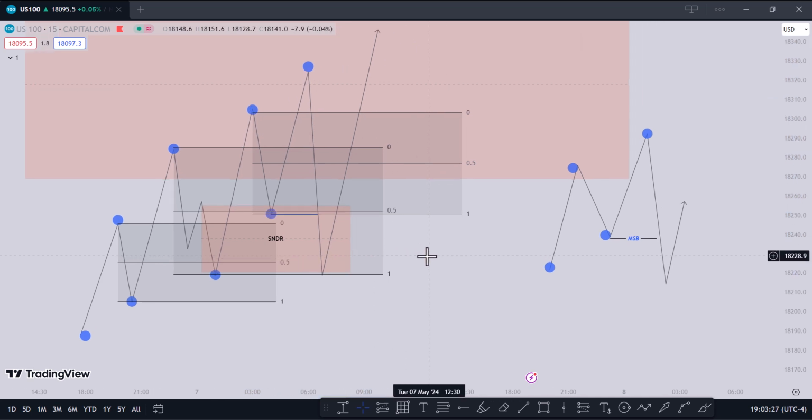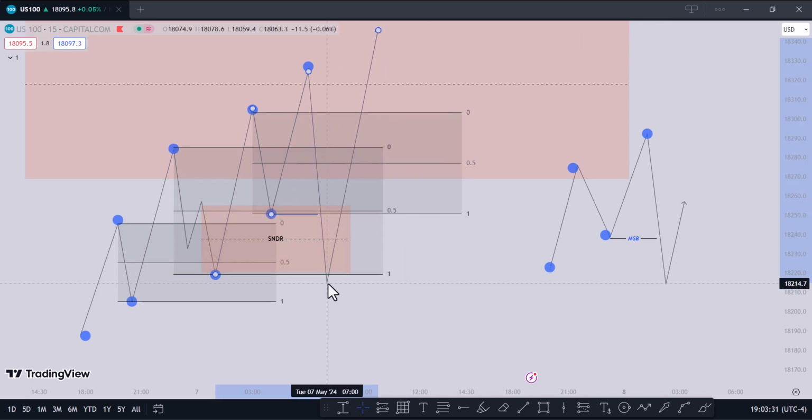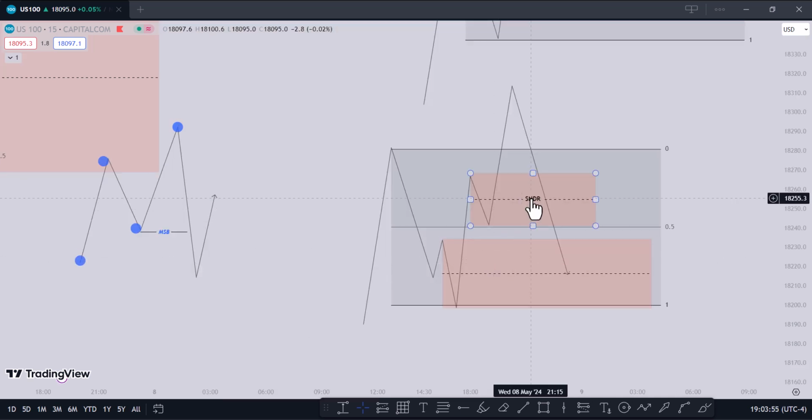So what you want to do is wait for price to close below it. Closing below this SNDR is far, far more important than closing below this protected low right here.